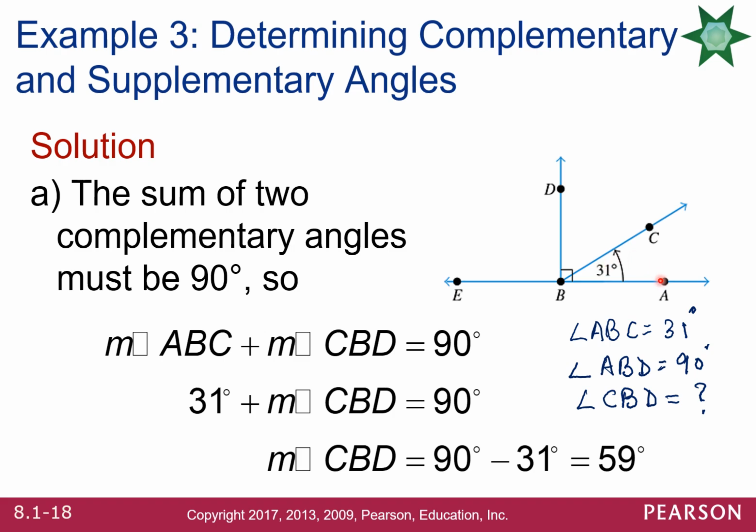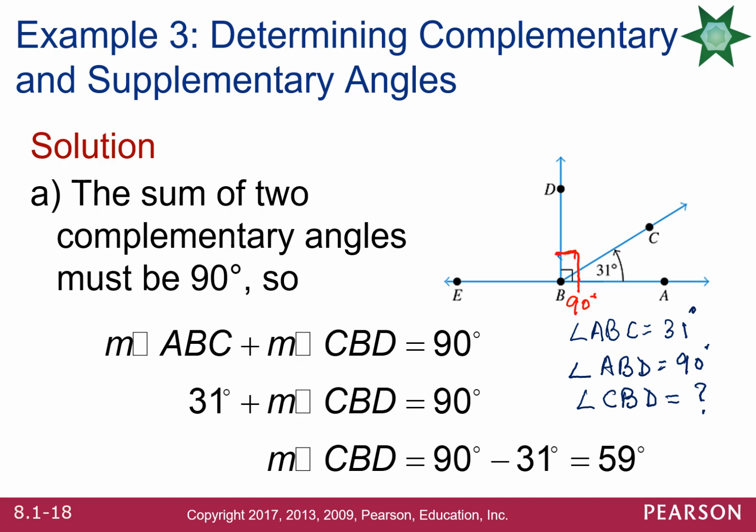All right. So here we have ABC and CBD. Given that they are complementary angles, their sum must always be equal to 90 degrees. So that means this entire angle ABD is a 90-degree angle.